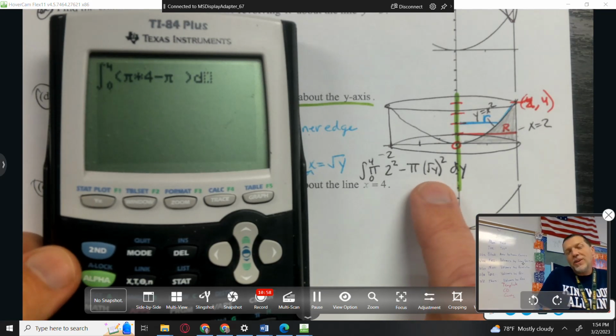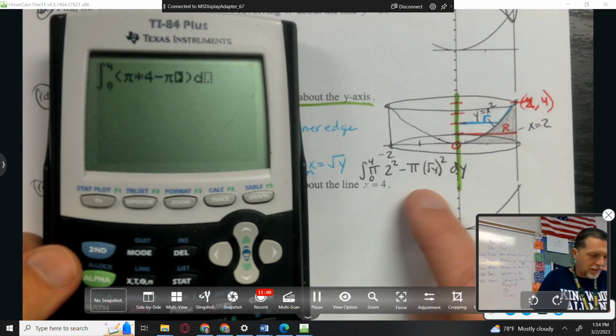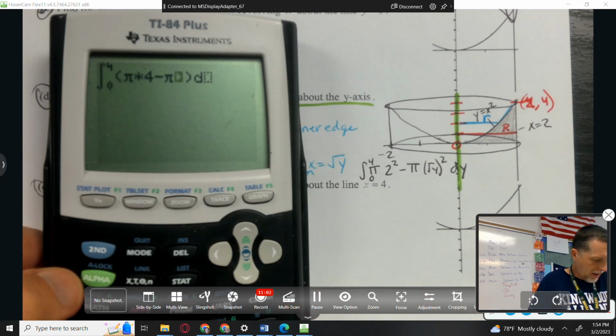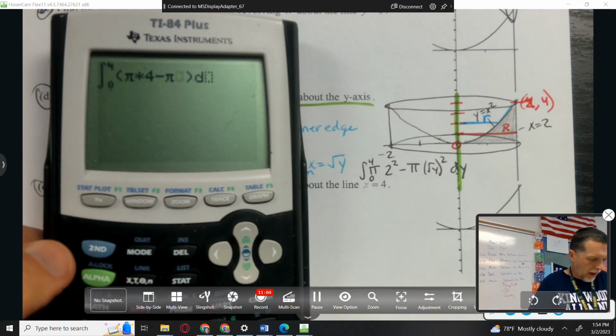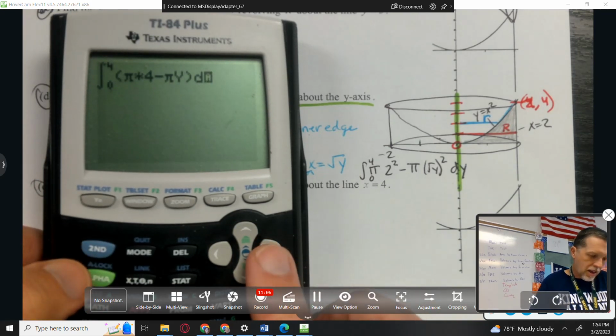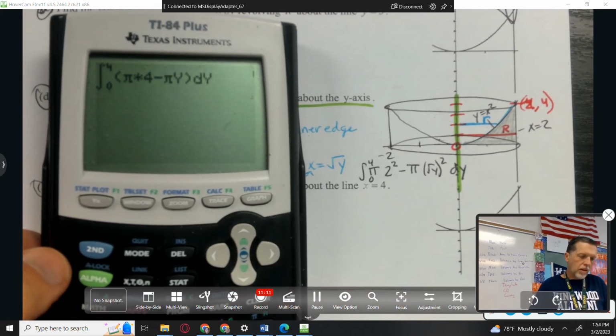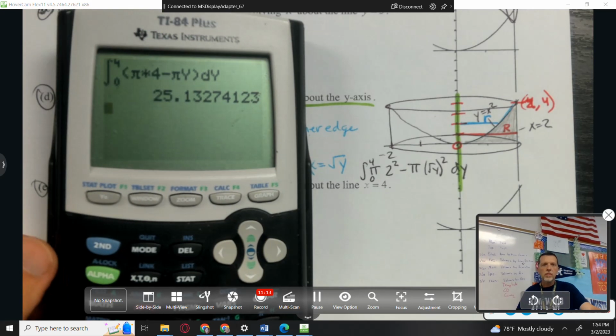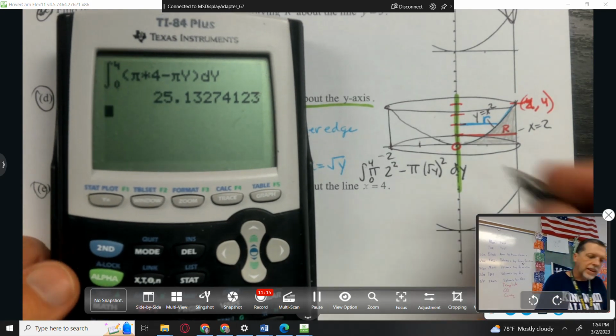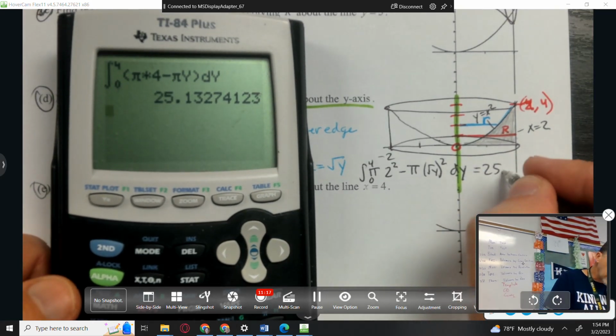If you want to type it all in, knock yourself out. I'm going to go with y. Alpha y, dy. Then there's our volume. We let the calculator do the ugly stuff.